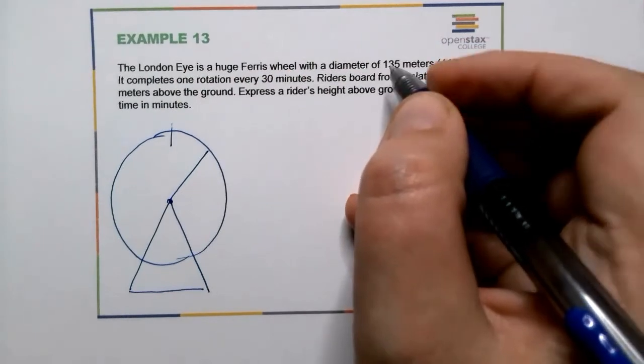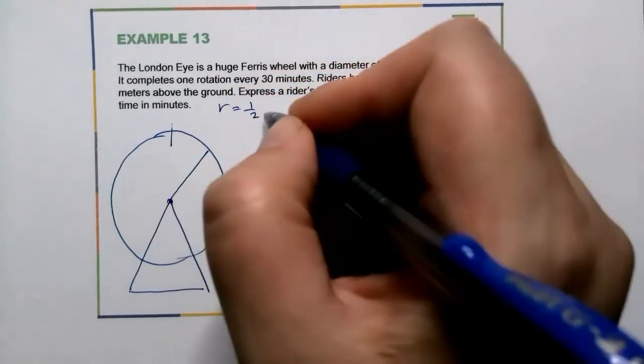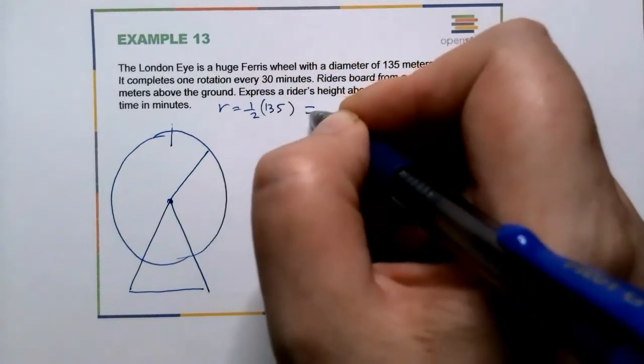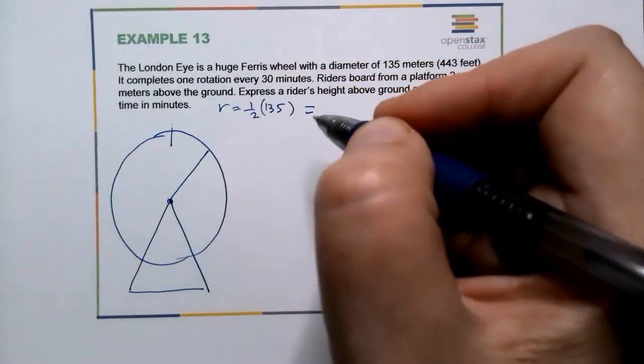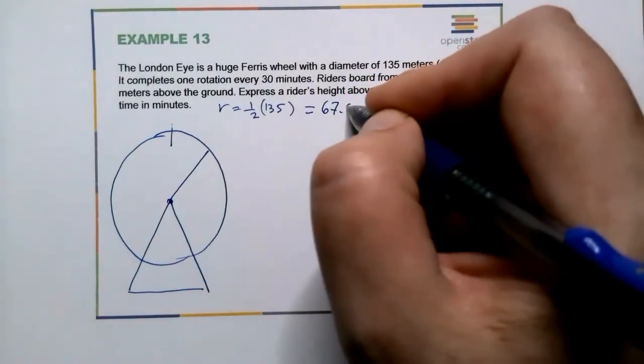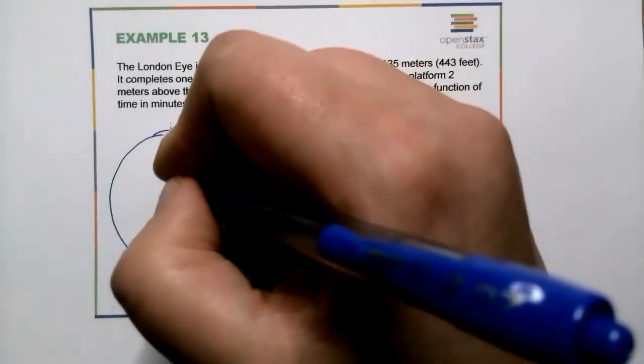So what is the radius? Radius is a half of the diameter, right? And it's going to be 67.5 meters.